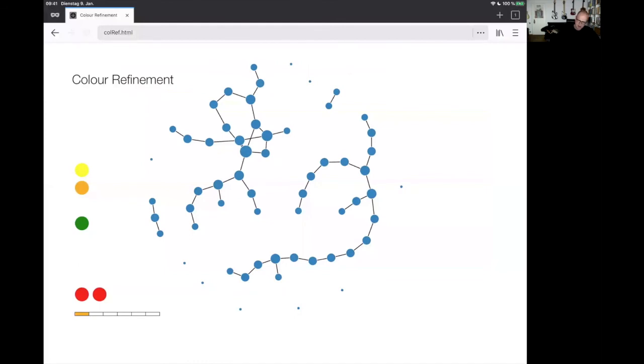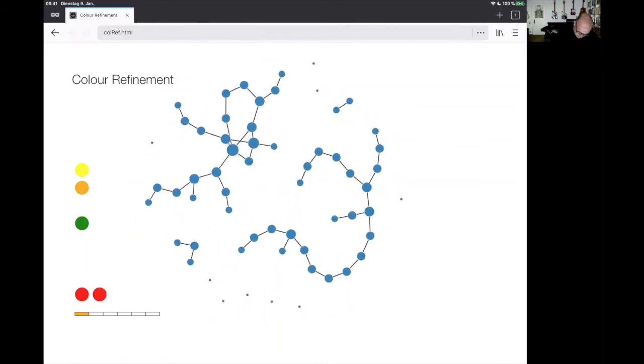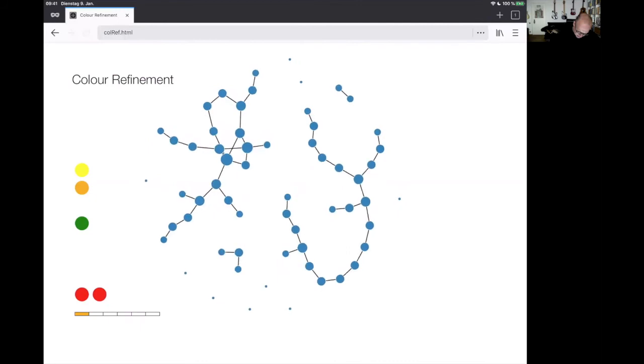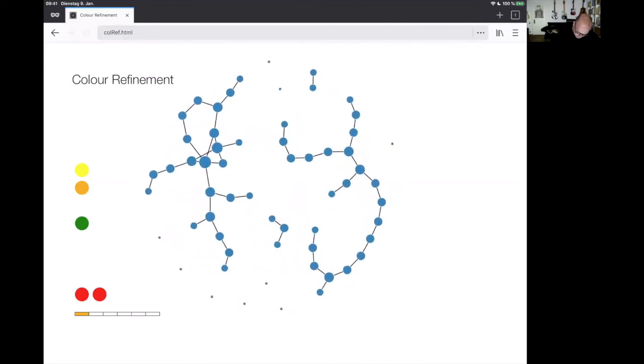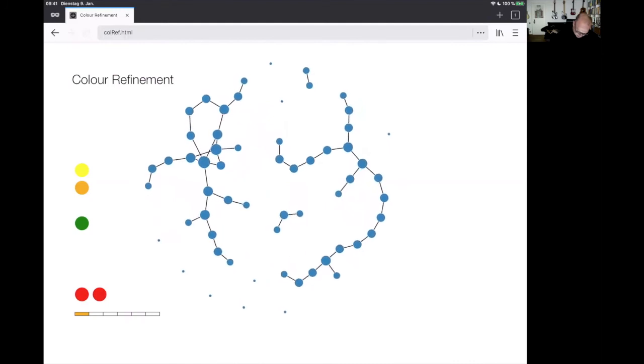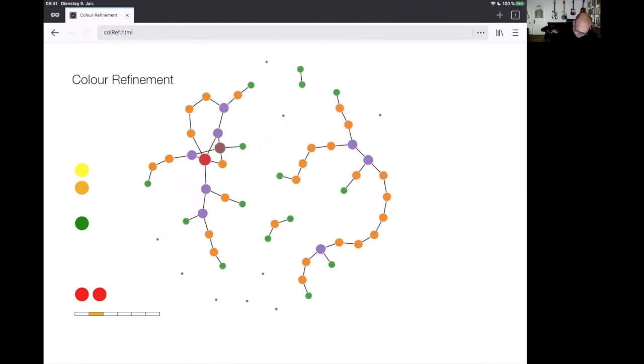So here we just have some random graph, and initially all vertices have the same color, blue. And now if we look, for example, at this vertex, the one I'm pulling there, it has 2 neighbors. This one has 3 neighbors, though, so they should get different colors. And yay, they do.